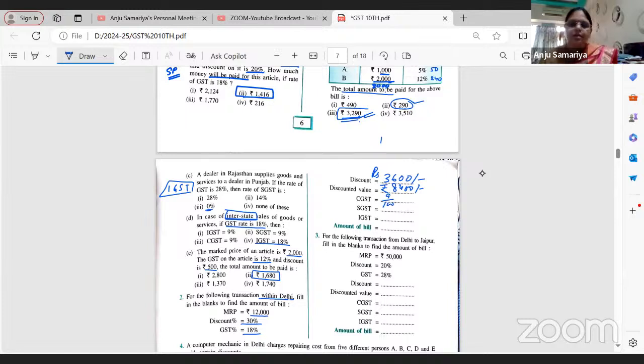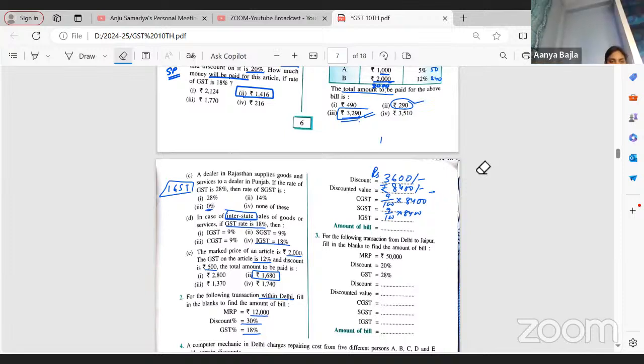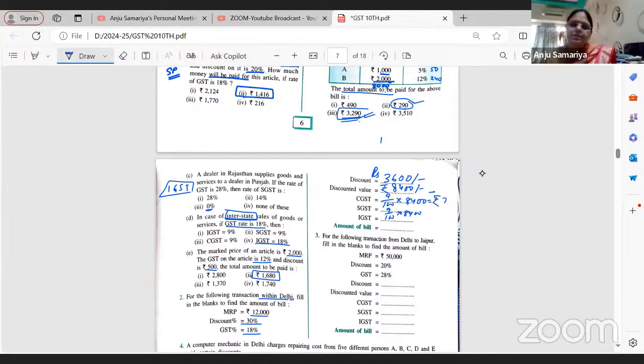It becomes 9% of 8,400 and 9% of 8,400. When we do 18%, we get 1,512, so divided by 2, it is 756 in each. Rupees 756. And how much is the IGST?